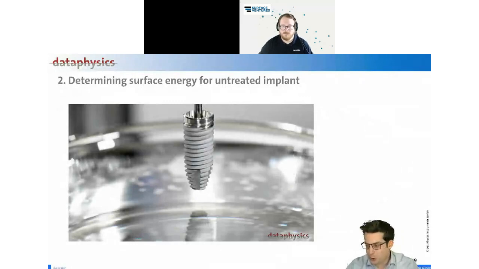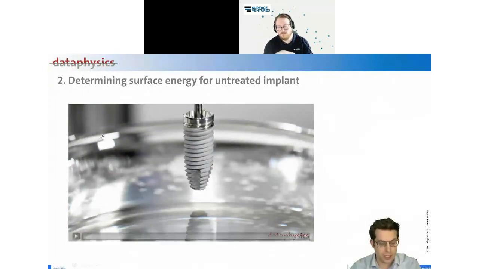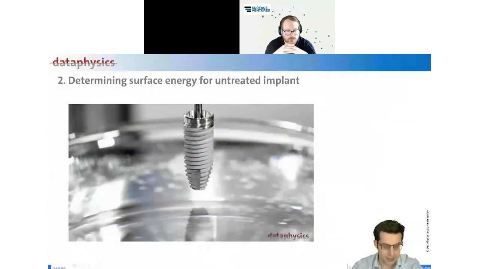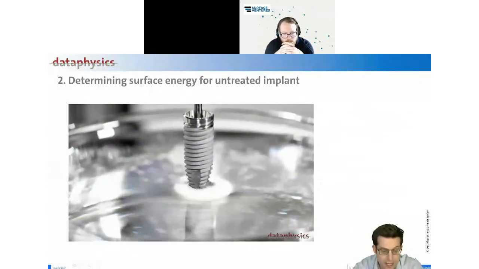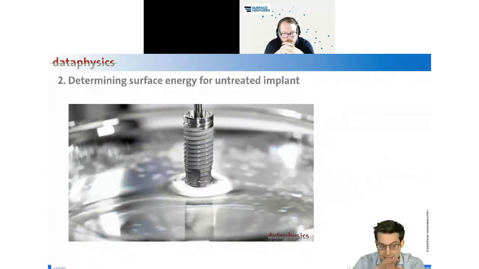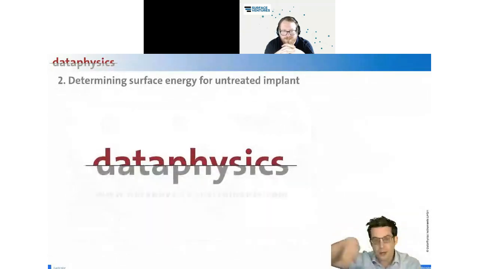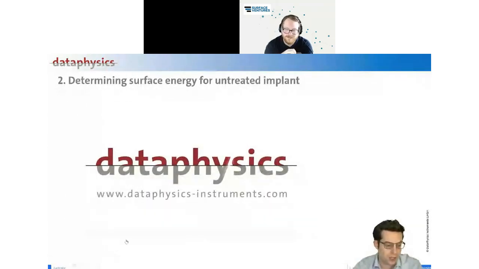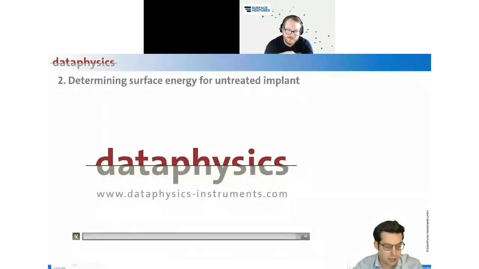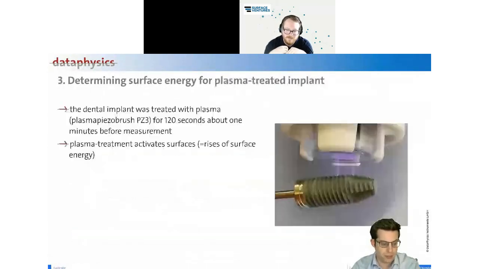Now I want to show you a close-up and nice video of how the wetting process of a very hydrophilic implant typically looks. So let me start this one. You see the implant is touching the surface and the water is running way before the surface upwards towards the top of the implant. So this is a hyperhydrophilic substrate.